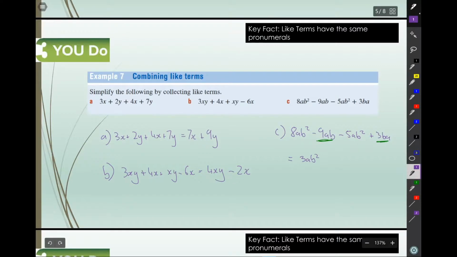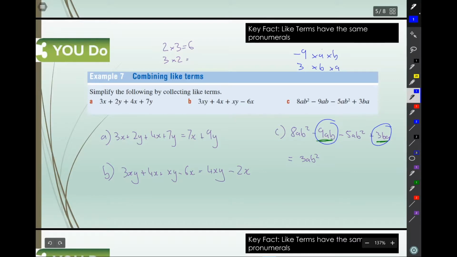Are those like terms? Well, the answer is actually yes. If you think about it, when we multiply two things together, the order does not matter. So when we look at these two terms, minus 9ab and 3ba, what that really means is minus 9 times a times b, or 3 times b times a.